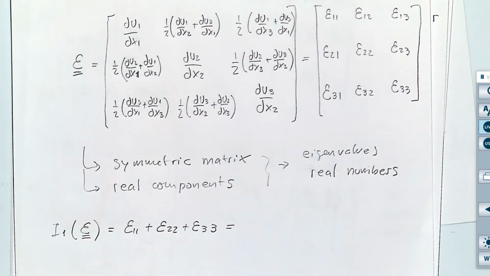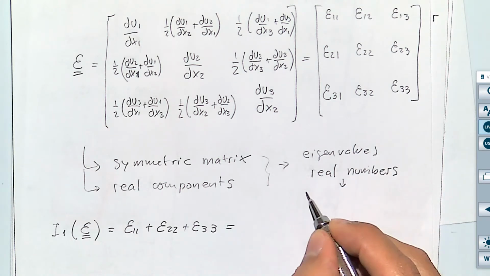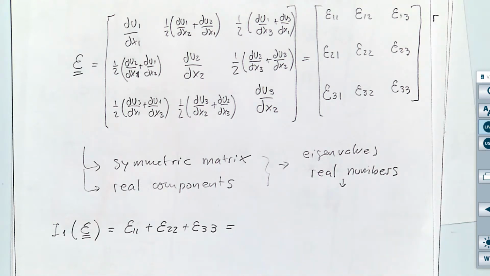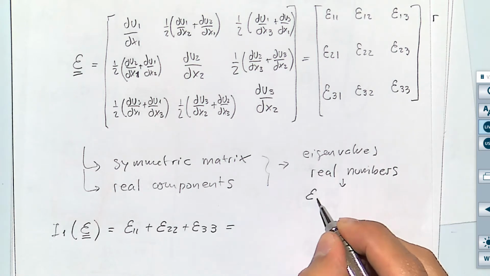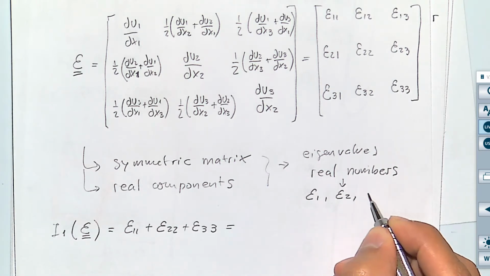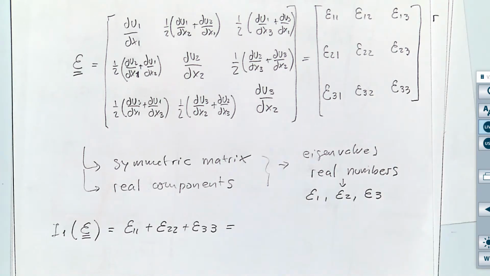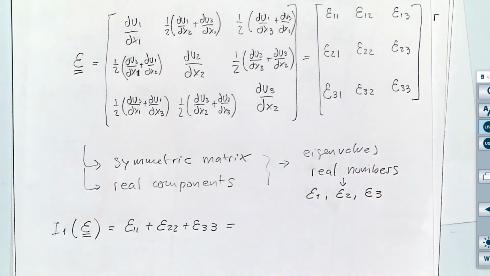Also, remember that any strain tensor can be written in terms of its eigenvalues, and the eigenvalues are going to be the principal strains. So same as we had principal stresses, now we have principal strains, epsilon 1, epsilon 2, and epsilon 3.